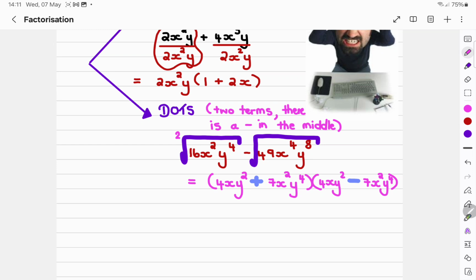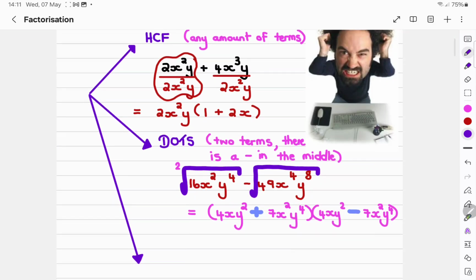All right, okay, then we get to our last type of factorization. And we will do each and every type. I know with the highest common factor, you also get the highest common bracket, but we will deal with them inside our sums.